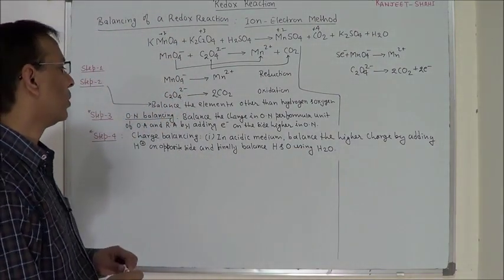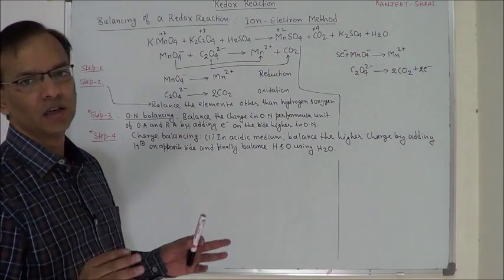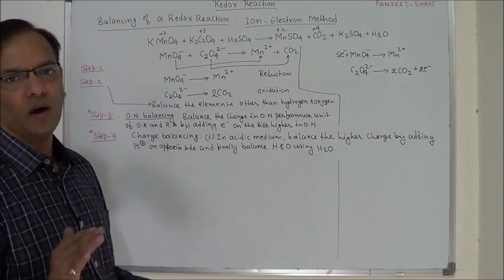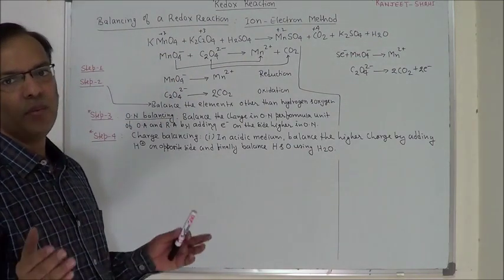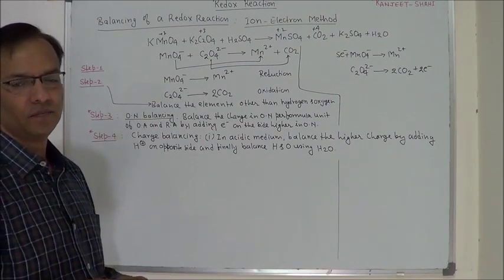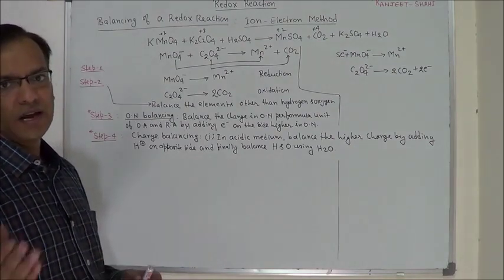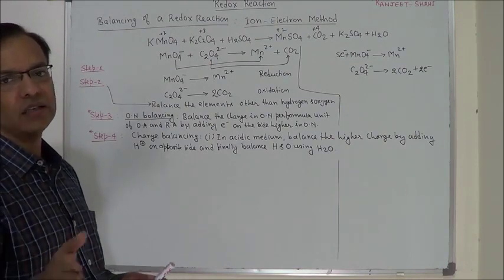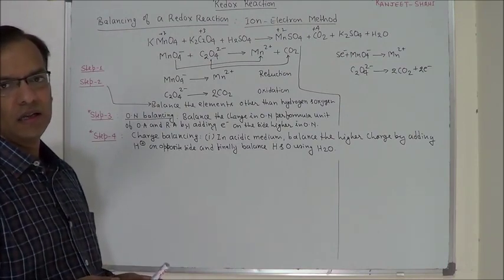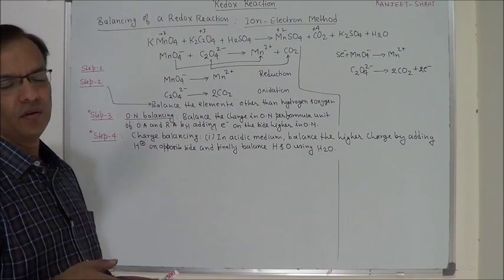What we have to do, we have to make the charge equal on the two sides of the half reaction. If the medium is acidic, the side which is higher in charge will be balanced.